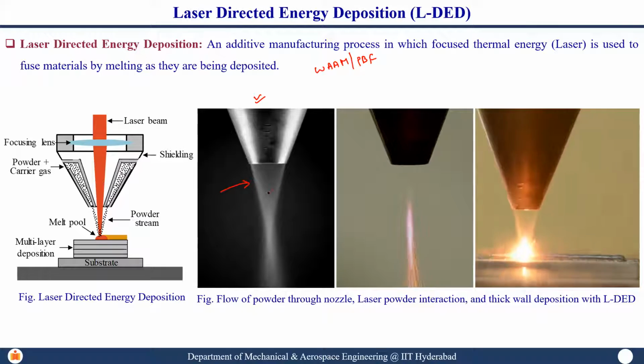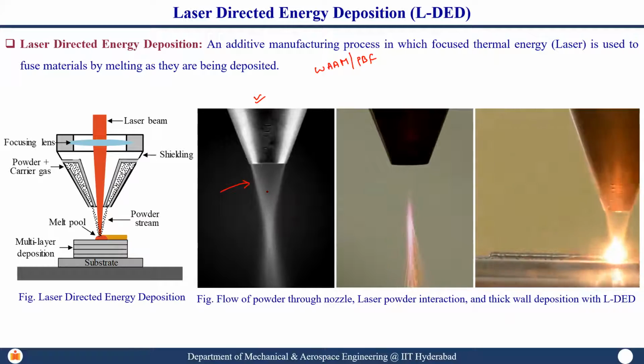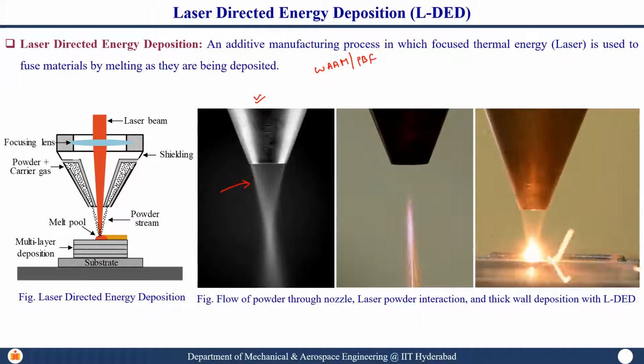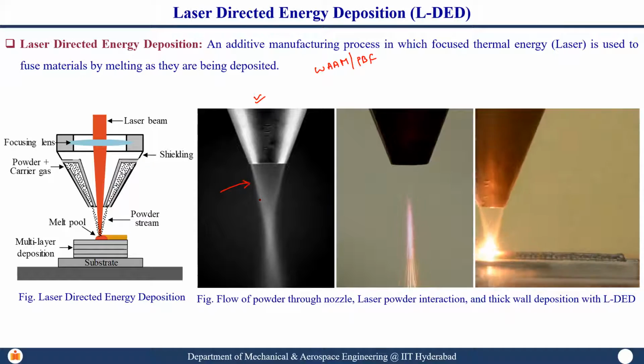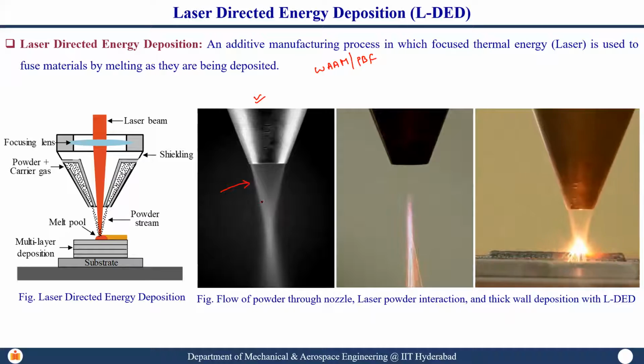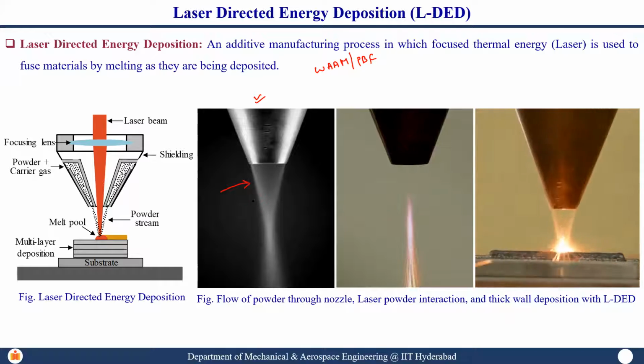The dynamics of this powder make this process much more complex. Here the powder is not stationary, rather you are blowing it. Since the powder flow is quite dynamic, you will see n number of problems in this process.